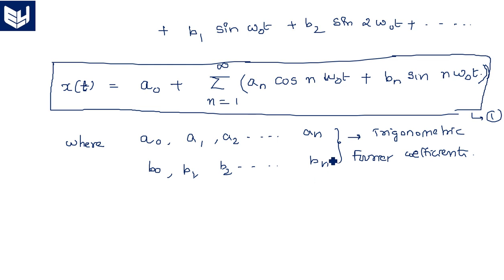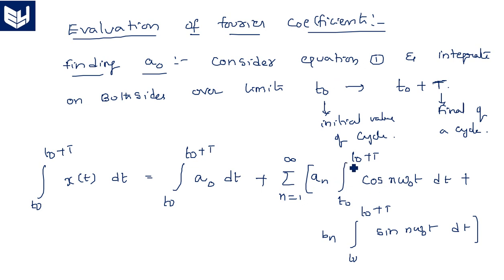This is under summation. I hope you understand what I have done. We have taken this equation and applied the integration over the limits t naught to t naught plus t, and wherever we have a time domain signal, that is affected by this integration, and the remaining are constants.